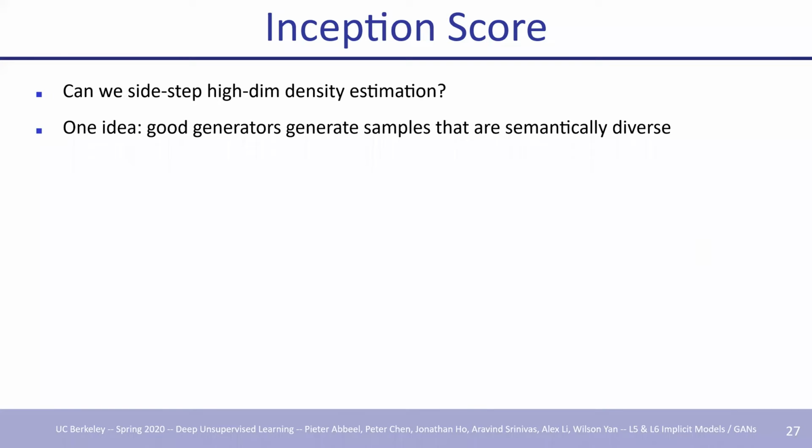So it shouldn't just produce the same thing over and over again, or just one type. It should produce a very diverse set of things. And so the inception comes from the CNN inception, the famous inception classifier network.